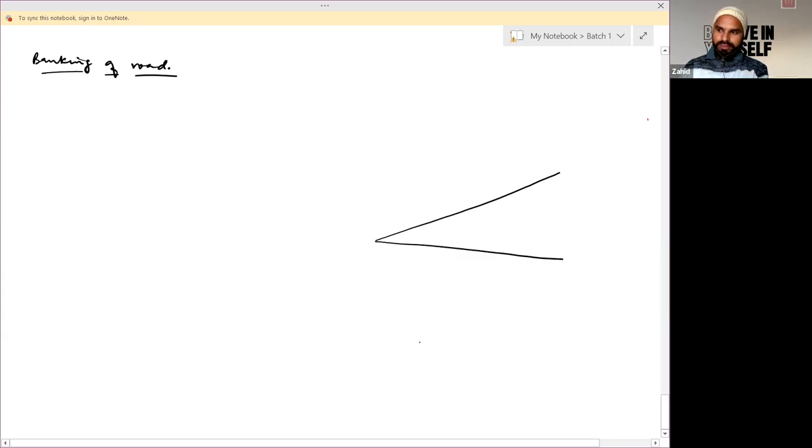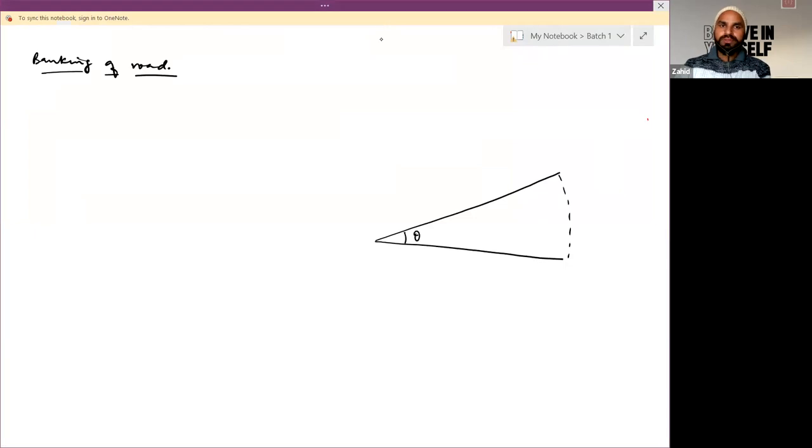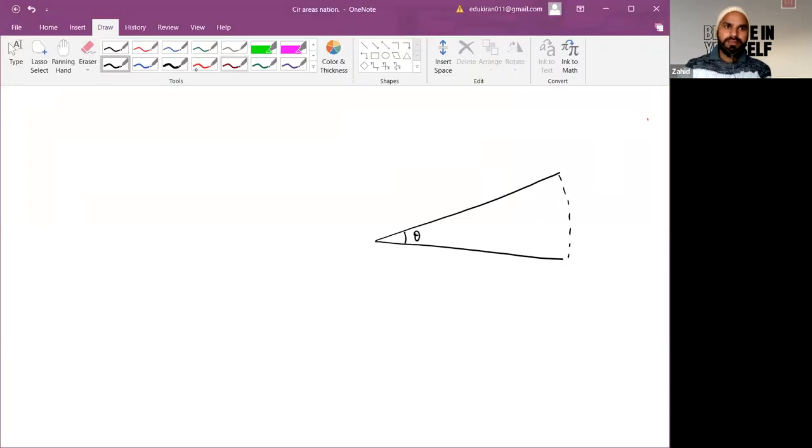Let's say this is your horizontal, and the track is inclined from outside at some inclination theta, due to which it will be more stable to move on the circular path.